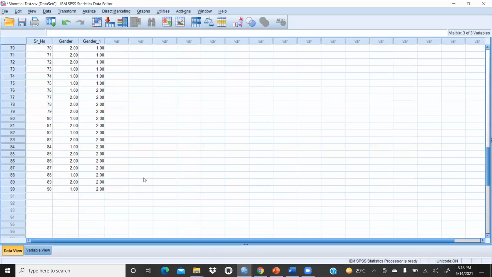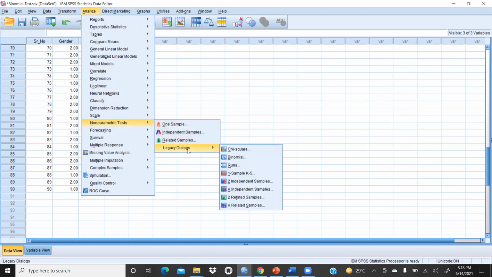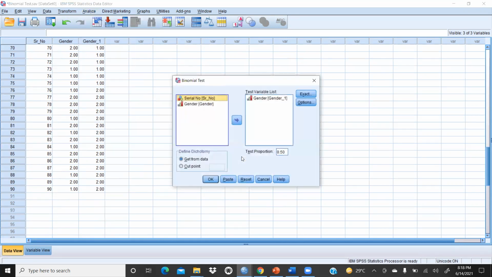And now what we have to do, we will analyze. We will go to non-parametric tests, Legacy Dialogs, one sample, independent samples, related samples. After chi-square you could see the binomial. We will click on this binomial, right? And we are working only on gender, not on gender 1. So we have to shift gender to the right side as the test variable.